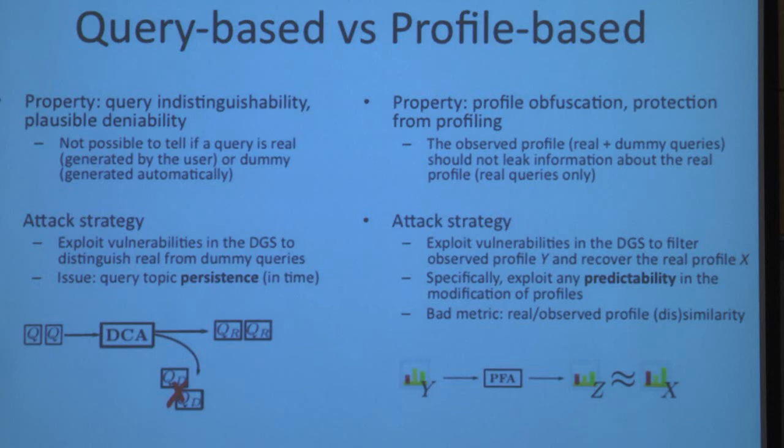So predictability of the modification of the profile is a big issue here. What we argue is that you shouldn't look at how similar or different they are. You should look at how much information the end profile is leaking about the original profile. You can use for that, for example, mutual information. How correlated are they?